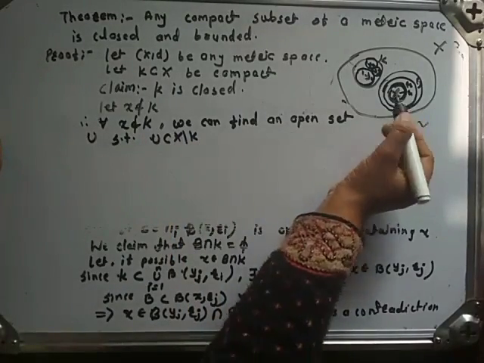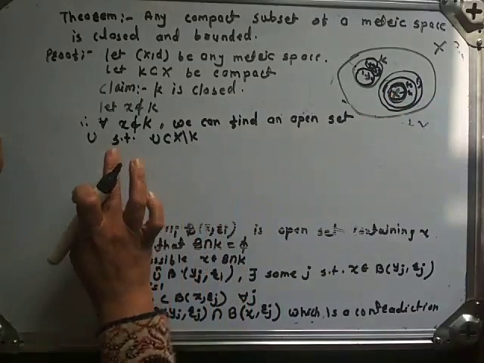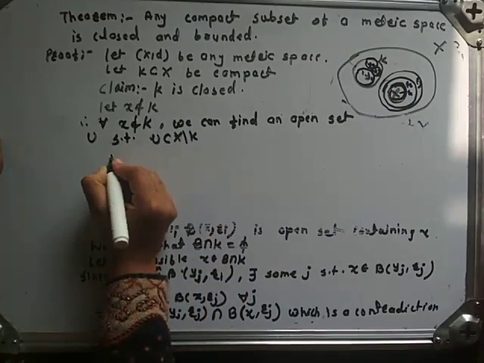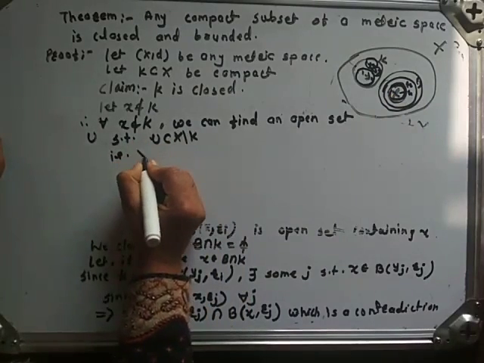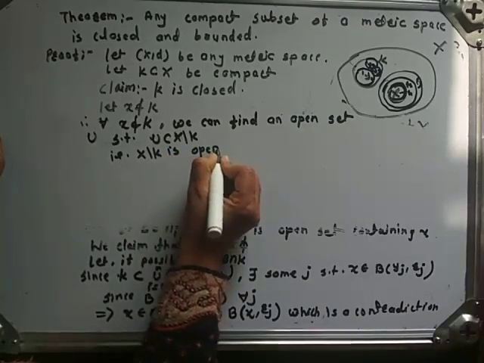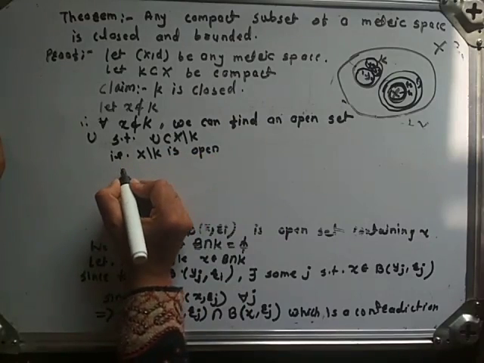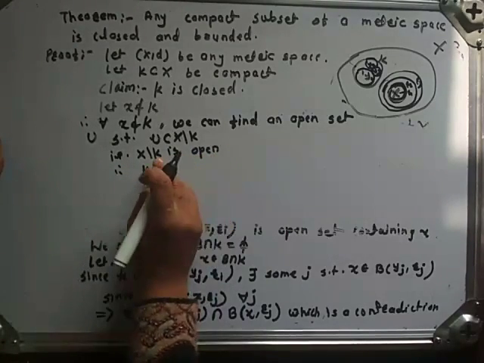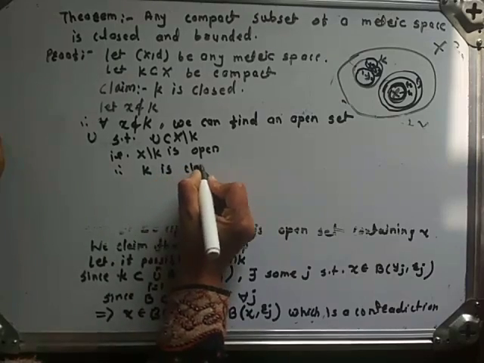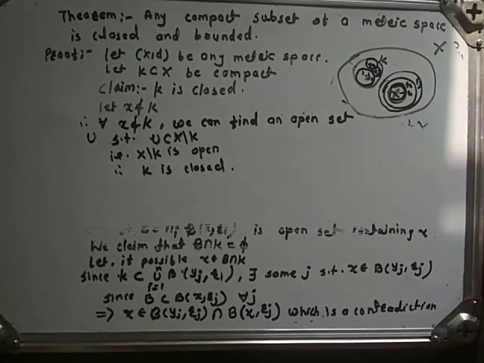You see here, for x not belonging to K, we can find an open set U which is a subset of K complement. That implies X minus K is open by the definition of open set. So therefore K complement is open, so K is a closed set. Hence our proof of the theorem is completed.